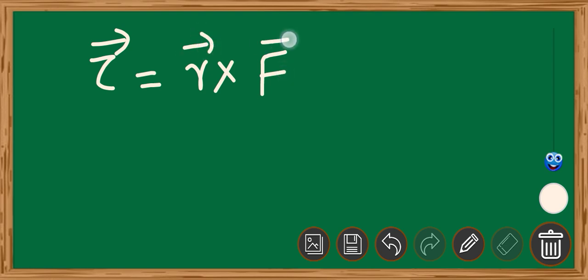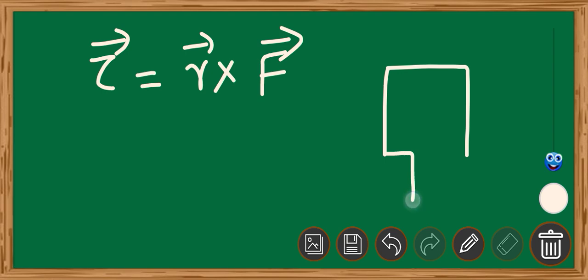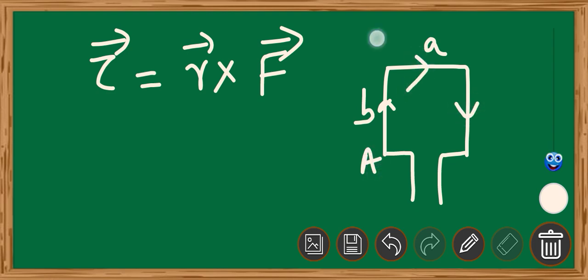So torque is equal to r cross F. In the case of this loop, what is r that we have to find? This is b and this is a, and current is passing through A, B, C, D. The contribution of BC as well as AD we can neglect.